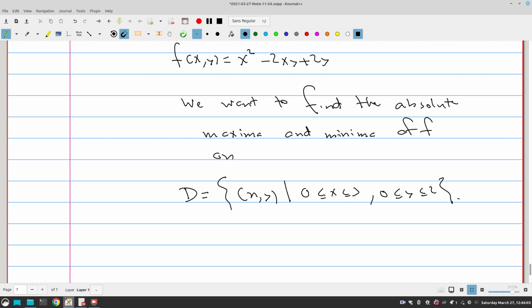Right, so if you're going to find the absolute maxima or the absolute minima, what you need to do is you need to be given a domain first.